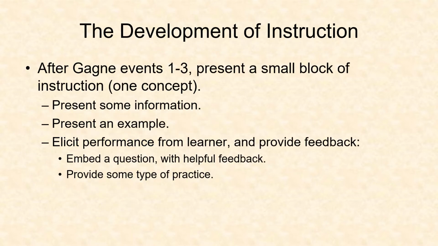To reemphasize, after Gagne's events 1 through 3, present one concept, one small chunk or block of instruction. Present the information, give an example, ask the student to do something, embed a question, provide some type of practice, and as the medium allows, give some feedback.